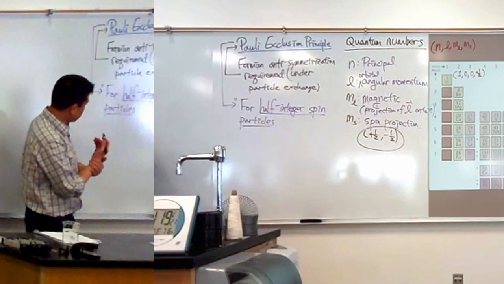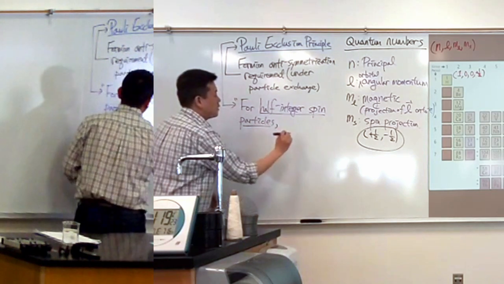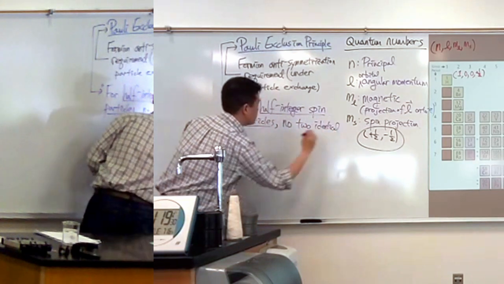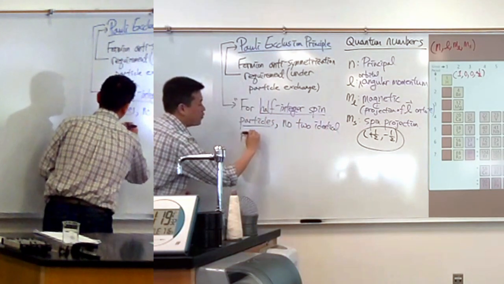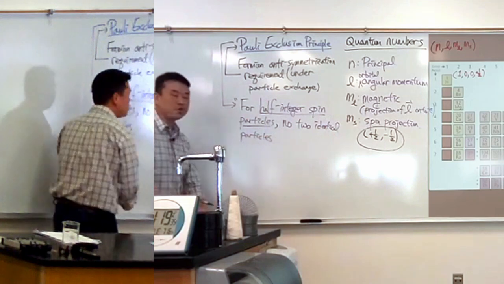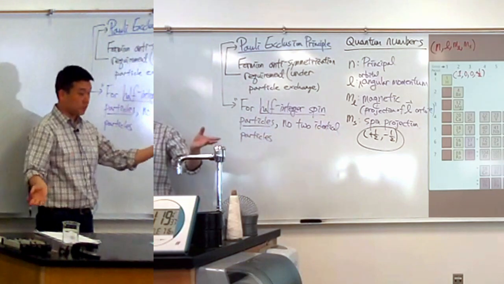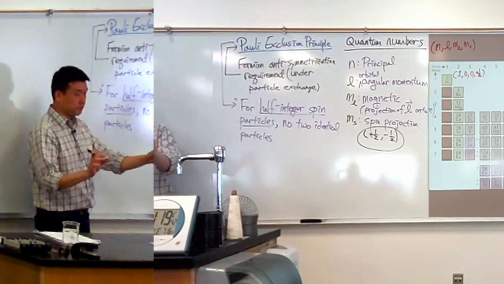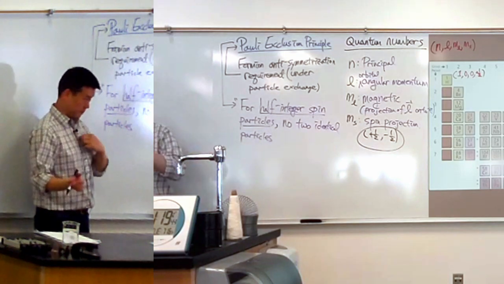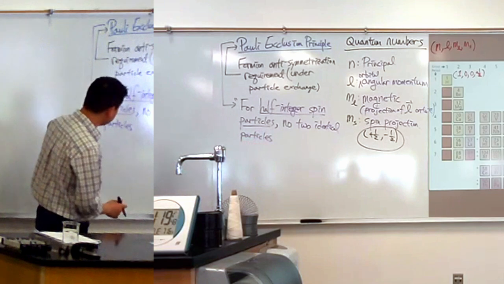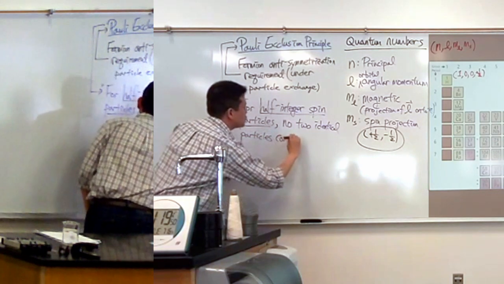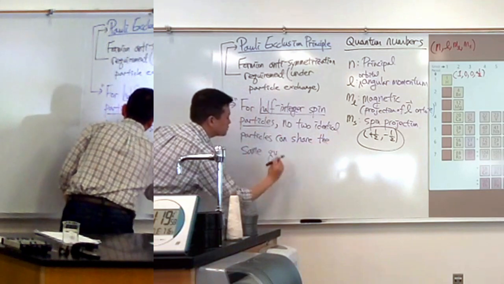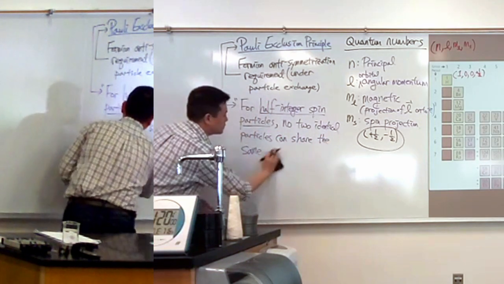For half-integer spin particles, no two identical particles. So if you have an electron and, I don't know, a muon, then you don't care about them. They are distinguishable. This doesn't apply. But this applies when you have two same particles, two electrons. No two identical particles can share the same set of quantum numbers.